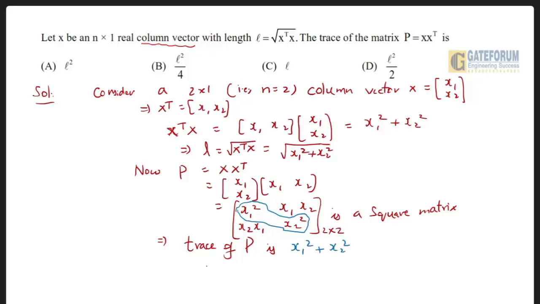Trace of a square matrix A is defined as the sum of the principal diagonal elements. So this is nothing but L square. L we already got as square root of x1 square plus x2 square. This is the length of x.